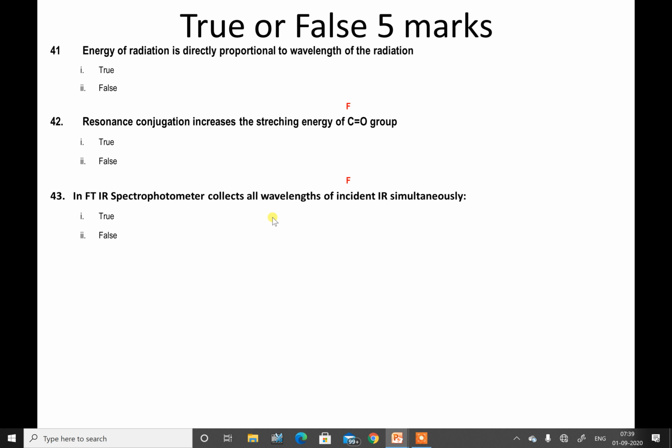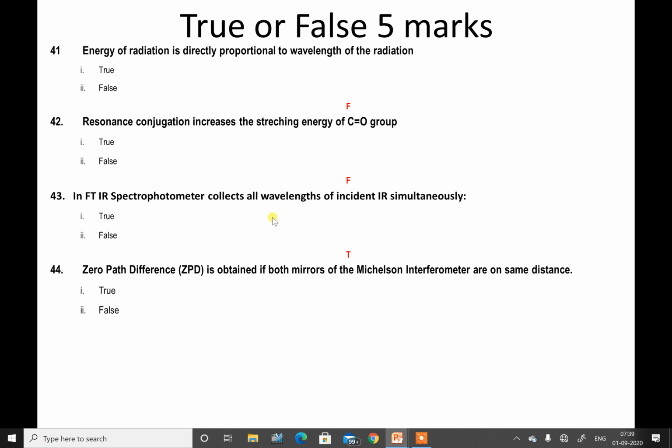The FTIR spectrophotometer collects all wavelengths of incident IR simultaneously. True or false? True. Collects, we saw that. The zero path difference is obtained if both mirrors are at the same distance.